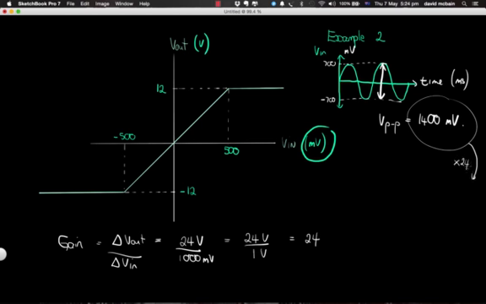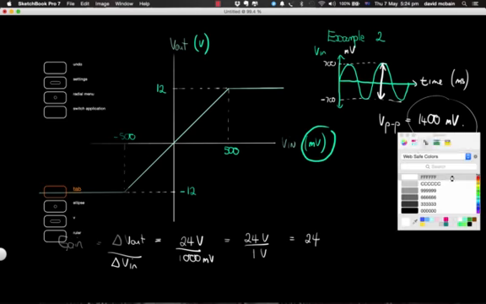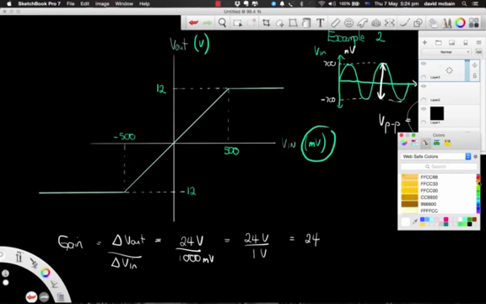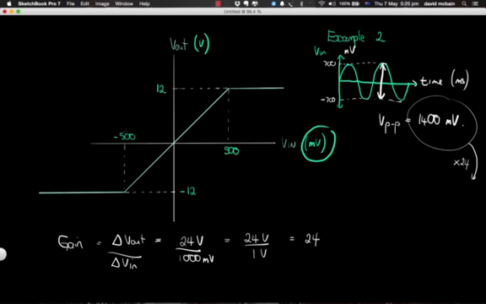Simple enough. Now, there is one complicating factor, and that is if we look at our input range, and I'll highlight that in a different colour. If we look at an input range, it goes from negative 500 to 500. And you'll notice that if the input goes below negative 500, or if it goes above 500, there is no further change in the output.